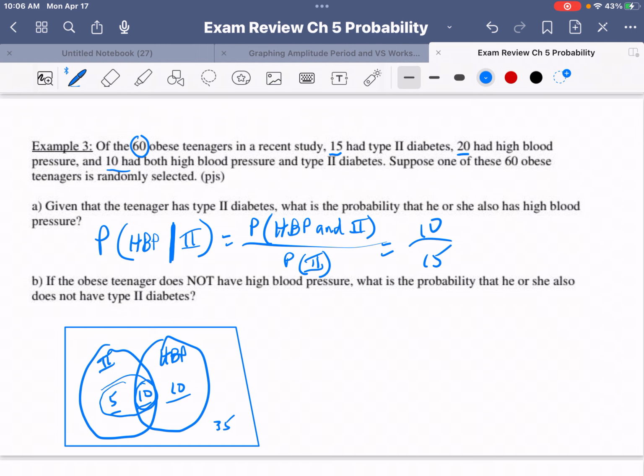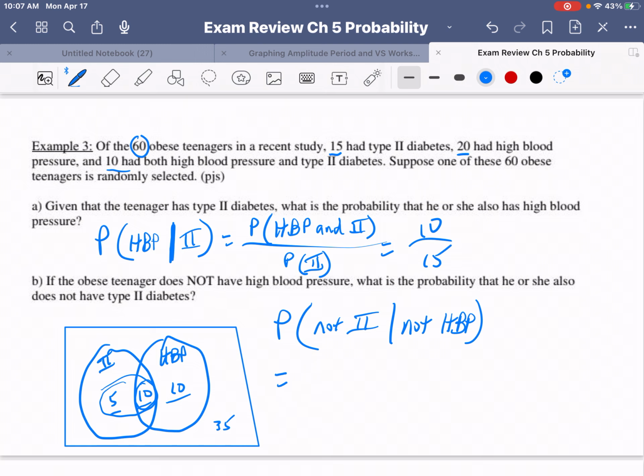If the obese teenager does not have high blood pressure, so that's given that they do not have high blood pressure, what is the probability that he or she also does not have type 2 diabetes? So it's the probability of not type 2 given not high blood pressure.